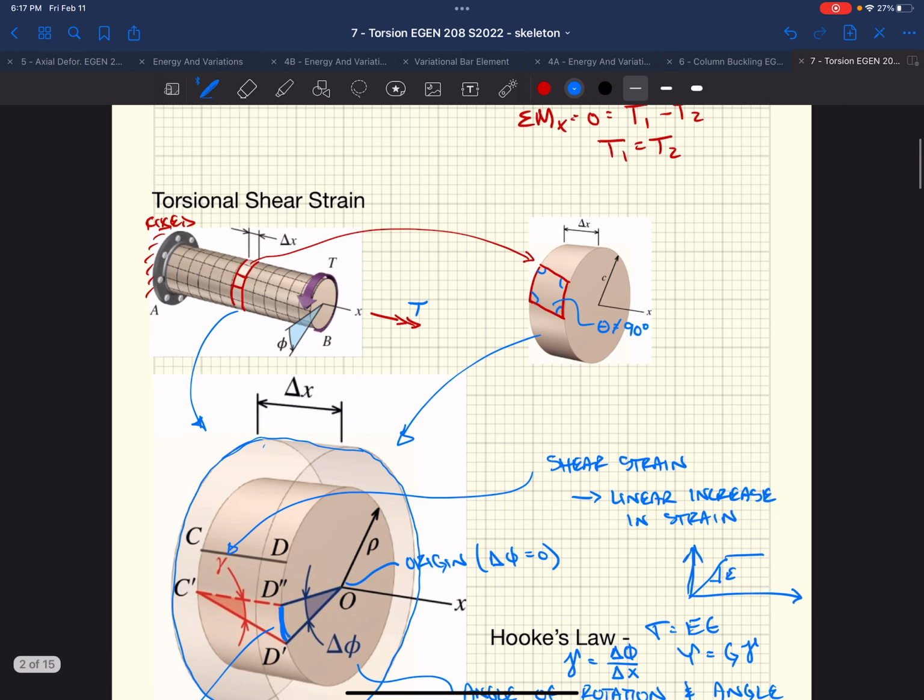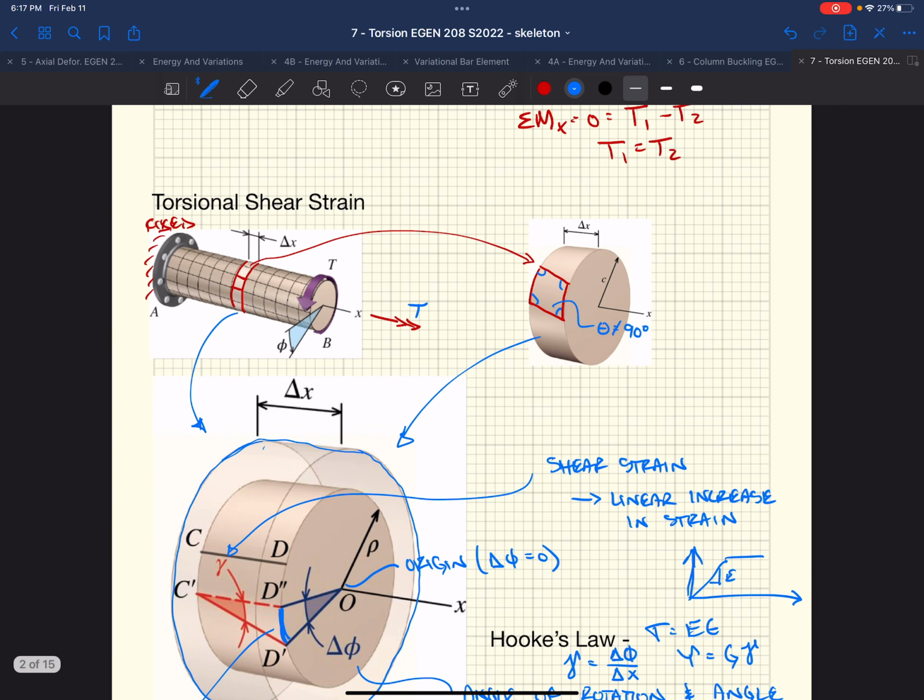So if this was a pool noodle and you had someone hold on to one end of it, you held on to the other, and you rotated it with this torque T, that noodle would not rotate at the end that was being held fixed. But at your end, you're going to rotate the most.